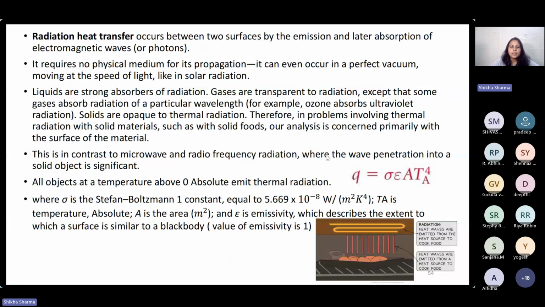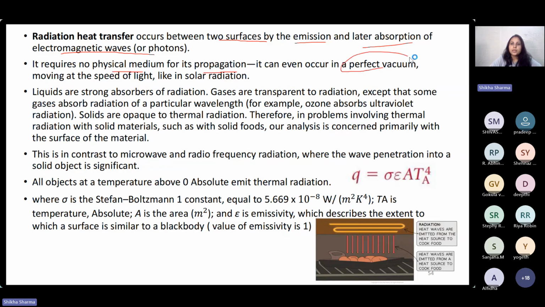The third mode of heat transfer is radiation heat transfer, which occurs between two surfaces by emission and absorption: one will emit and another will absorb electromagnetic waves or photons. So it requires no physical medium for its propagation.